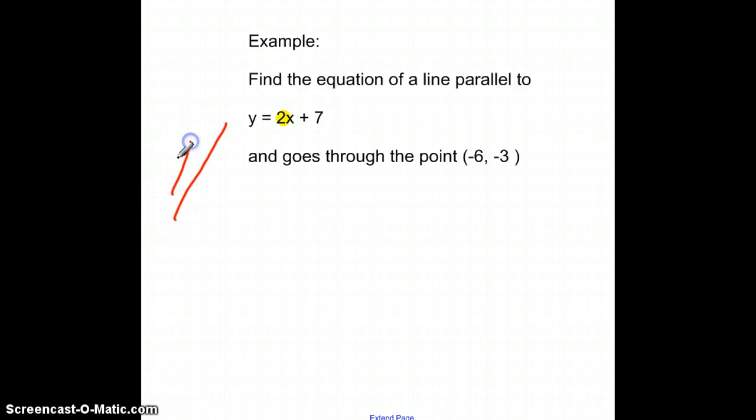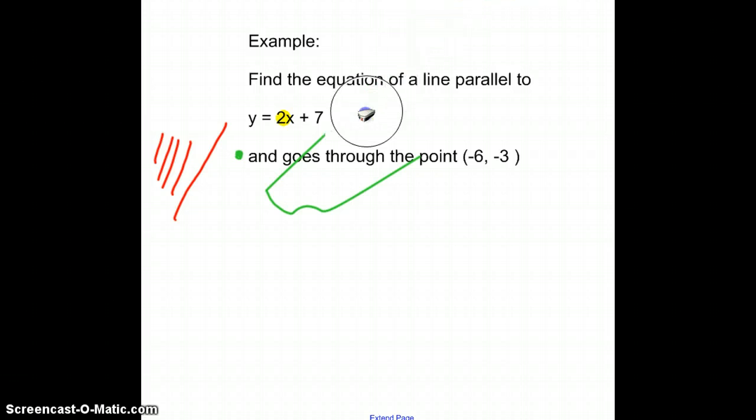I know these are not perfectly parallel. But if we say, I want to know the equation of the line that's parallel to this original, but goes through this one particular point, there's only one equation for that.